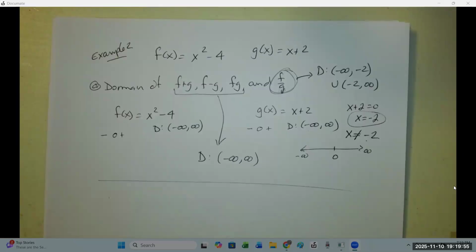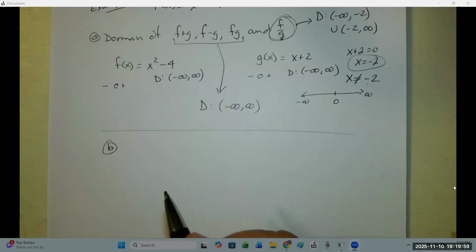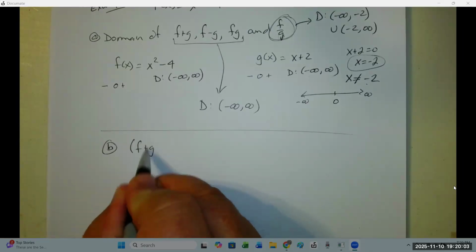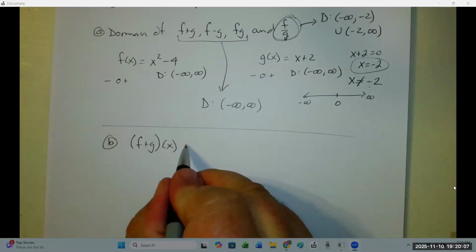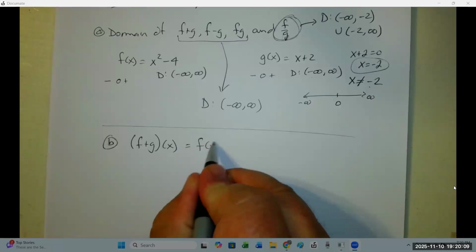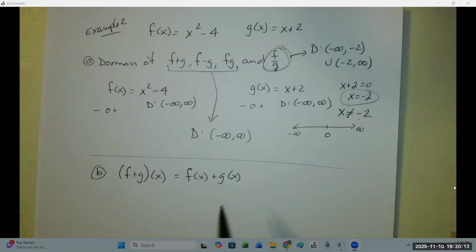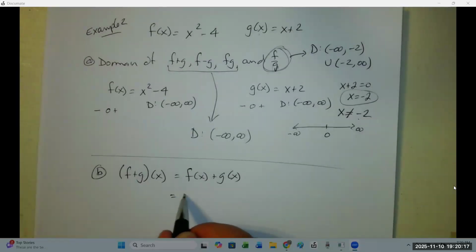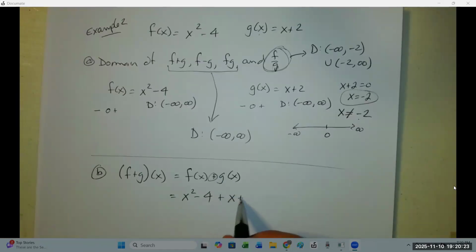That's A. B: f plus g of x. Remember, that's the same thing as f of x plus g of x. There's f and g, so what we have here is x squared minus 4 plus x plus 2.